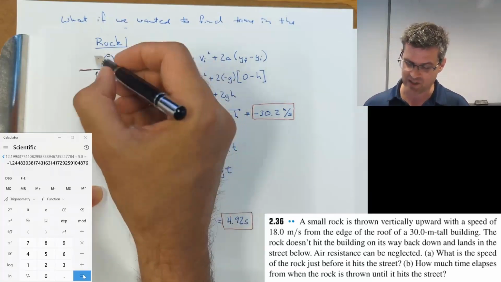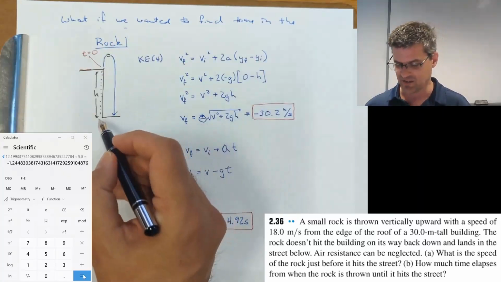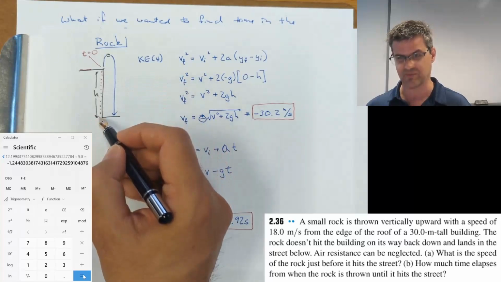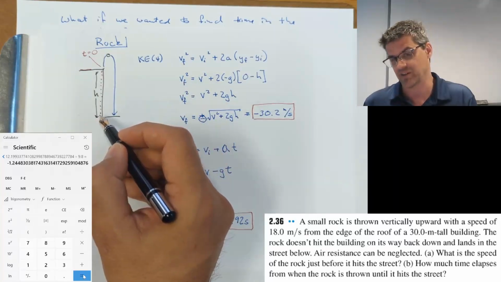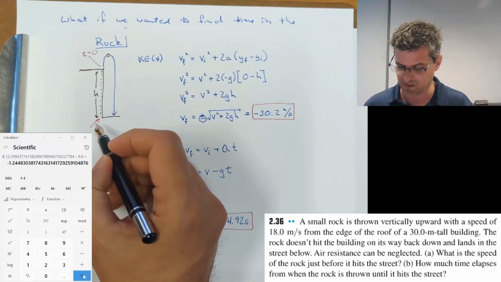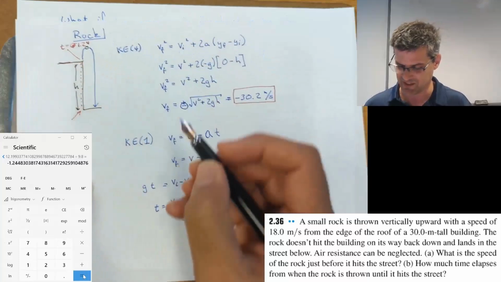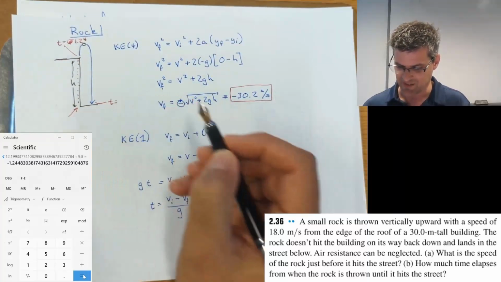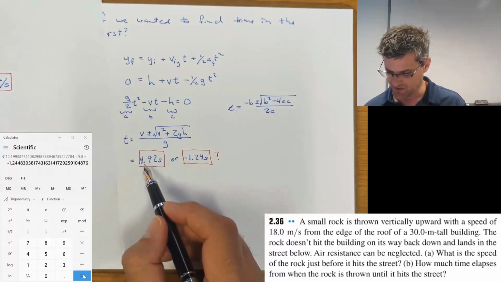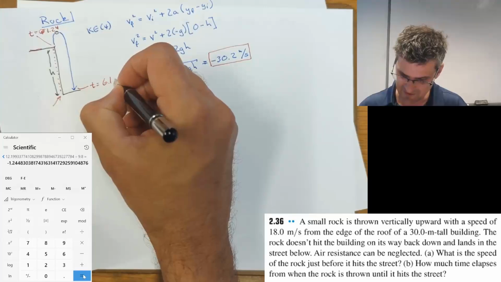Because of where we started, what time t equals 0 is, the rock could have been on the ground backwards in time. It wasn't backwards in time because of where we started the problem. But if we had started the problem here, this would have been t equals 1.24 seconds, and this would have been t equals 1.24 plus 4.92, which is 6.1 seconds, give or take.